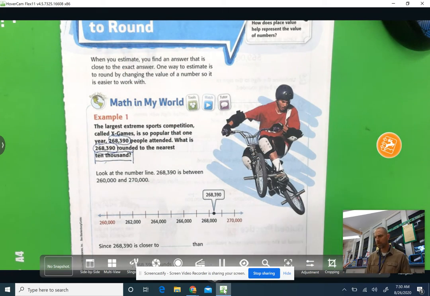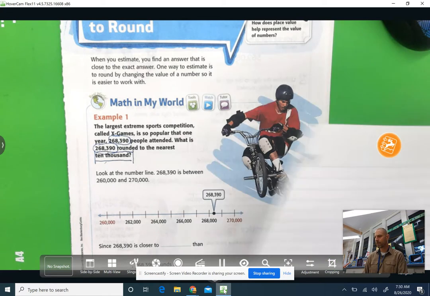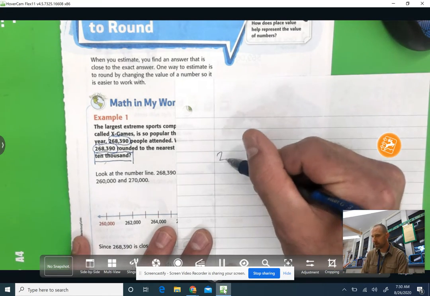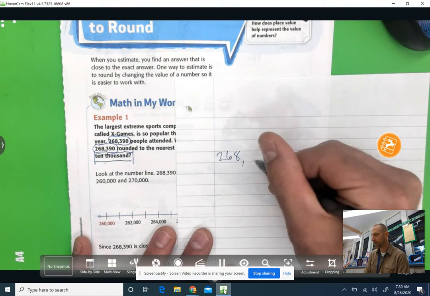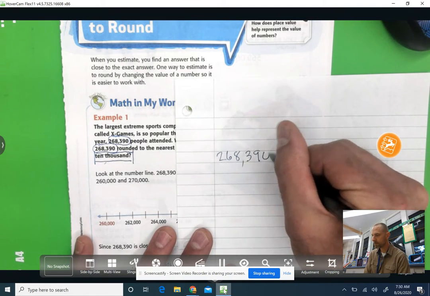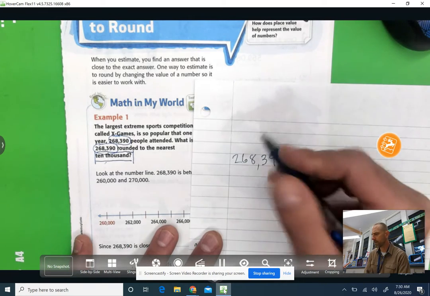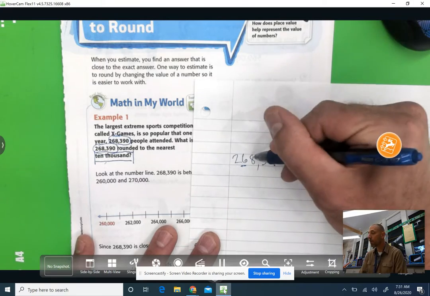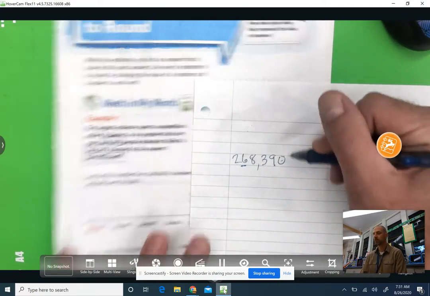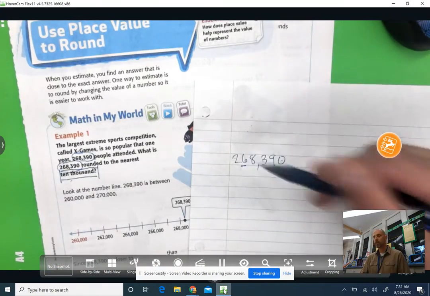What that means is, let's find the 10,000s place in our number, 268,390. Okay, so it's telling us to round to the 10,000s place. It's right here. Ones, tens, hundreds, 1,000s, 10,000s, 100,000s. 10,000s are there.